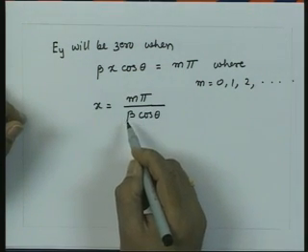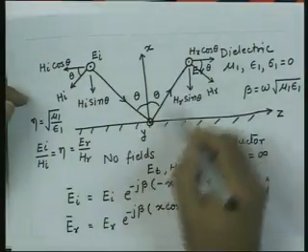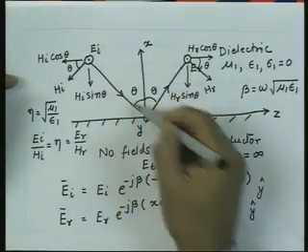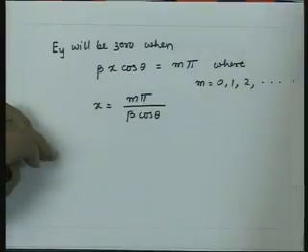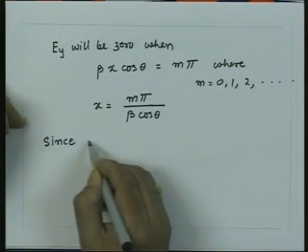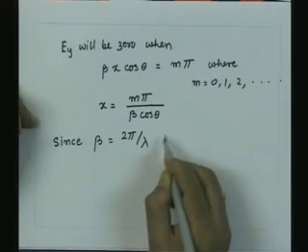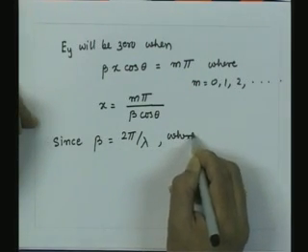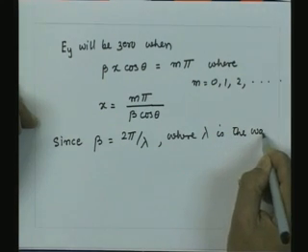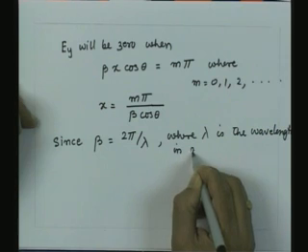Beta is the phase constant of the uniform plane wave in medium 1, which is nothing but 2 pi by lambda, where lambda is the wavelength in medium 1.